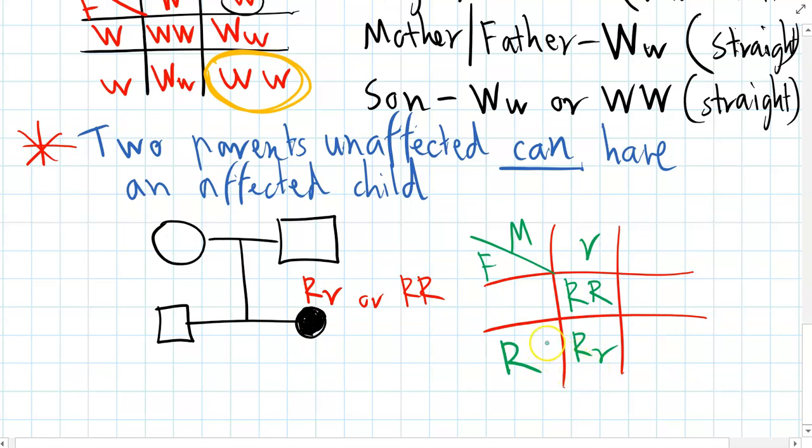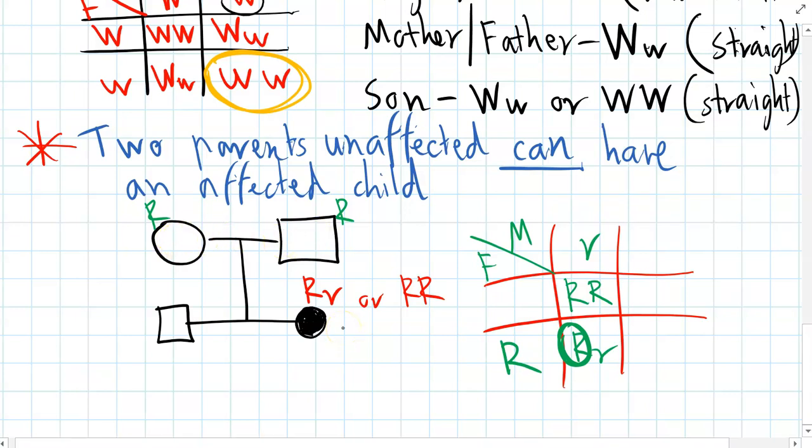If she has the trait, then that capital R must have come from the father or the mother. So the mother or the father must have a big R. But if they had a big R, because tongue rolling is dominant, then they would also be affected. They'd have the tongue rolling trait. So in a dominant trait, there's no way that two unaffected parents can have an affected child.